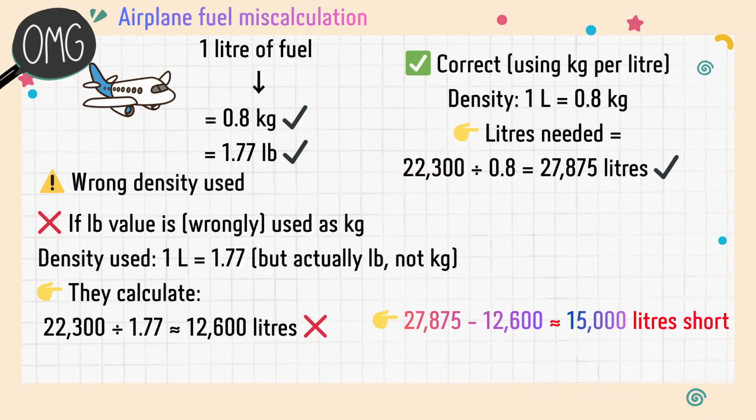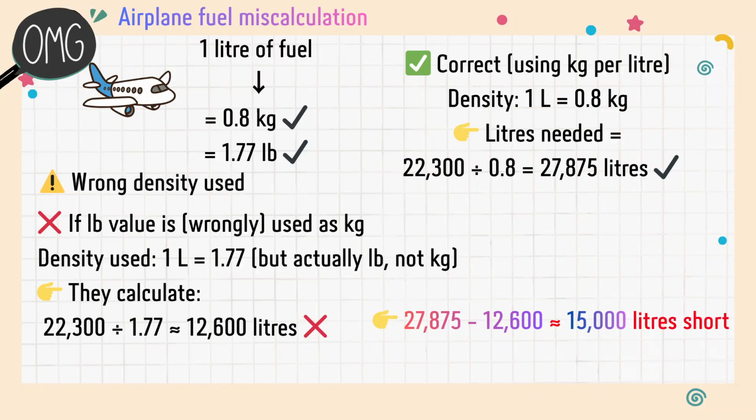Reason being, at the time different countries and aircraft systems still used different units like pounds and kilograms, which led to the confusion. So the calculation was 22,300 kg divided by 1.77 pounds, approximately 12,600 liters.